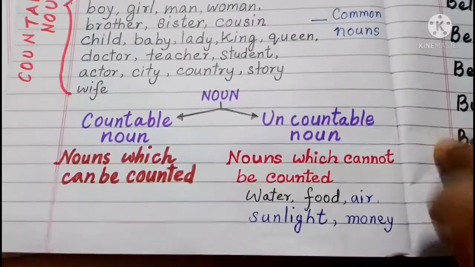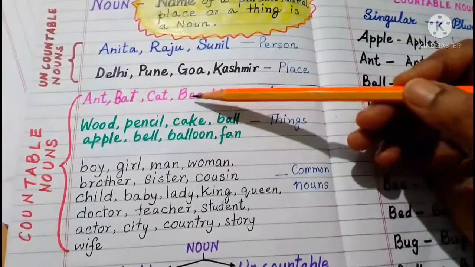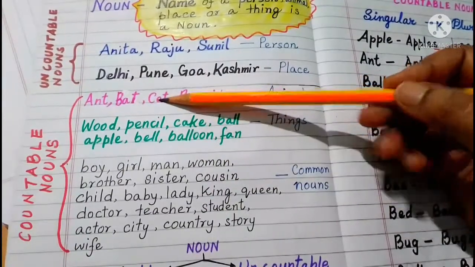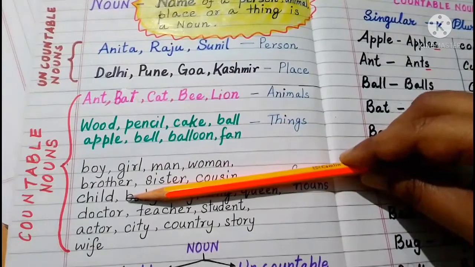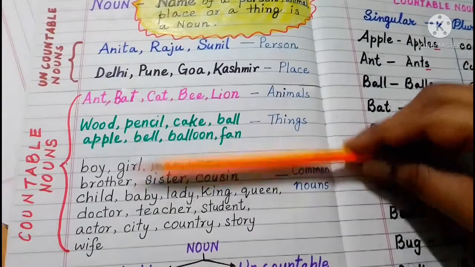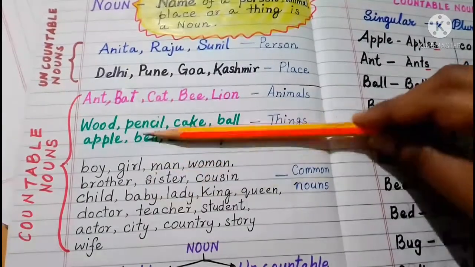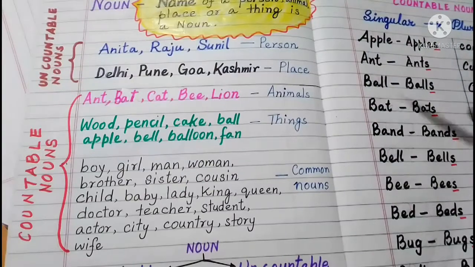Now let's see how we can categorize these things in a proper way. Let's deal with the examples that we have seen. You can count the nouns in these three categories of examples, in numbers like 1, 2, 3, 4, 5, 10, 100.